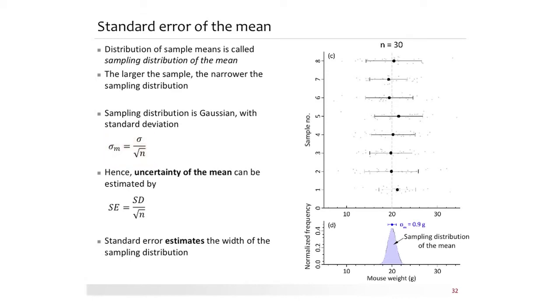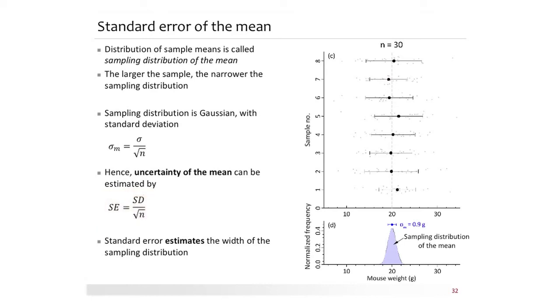We try to use this, but we can't calculate this because we don't know sigma. Sigma is a population parameter, it's unknown. So the standard trick in statistics, if you do calculations on population parameters, you replace them with corresponding estimators, and what you get is also an estimator. So I replace sigma by the standard deviation from one particular sample and get the standard error.